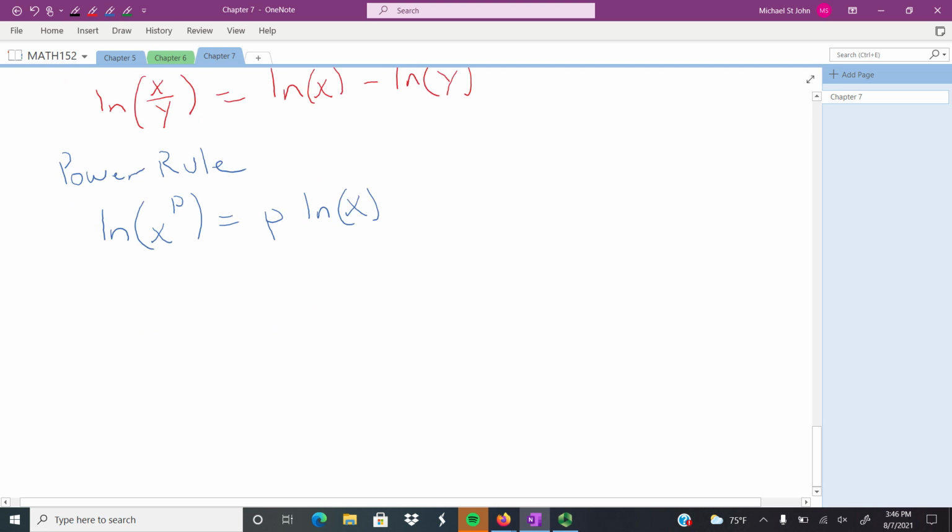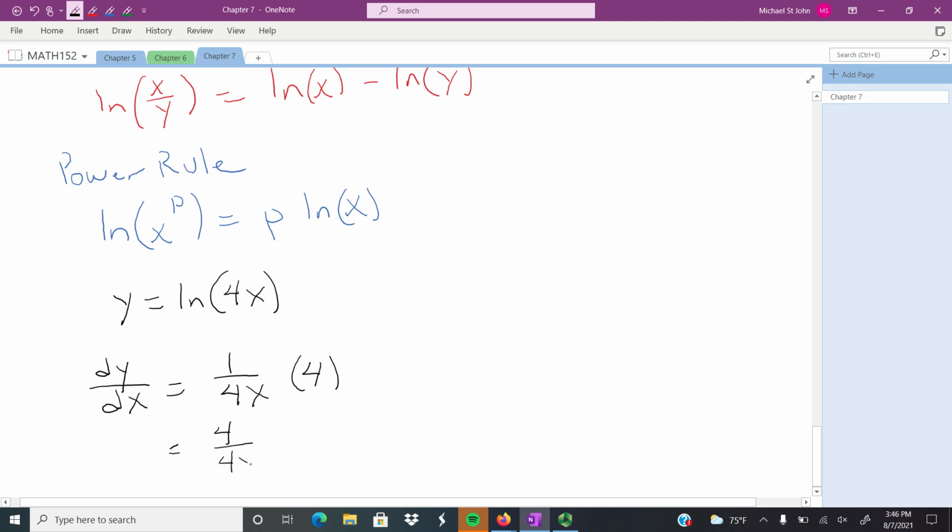So if I had, for example, y equals the natural log of 4x, then dy/dx is going to equal 1 over 4x times the derivative of 4x, which is 4. So this will give me 4 over 4x, which would become 1 over x.